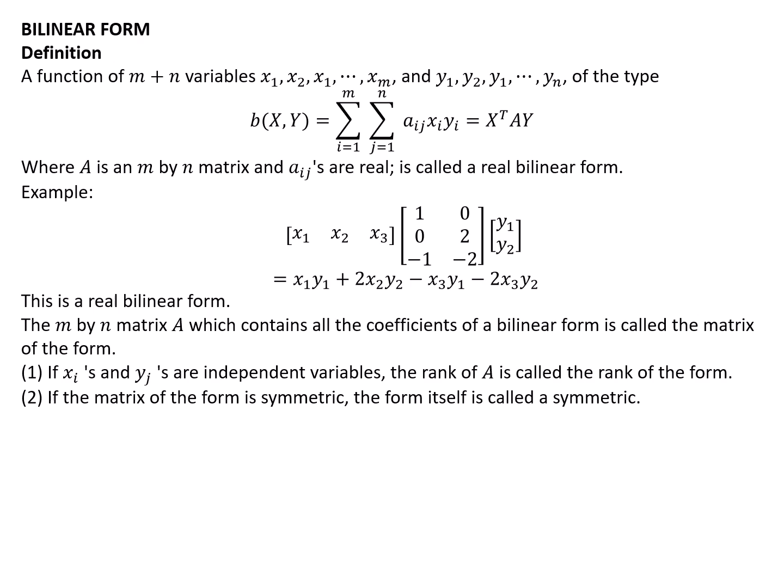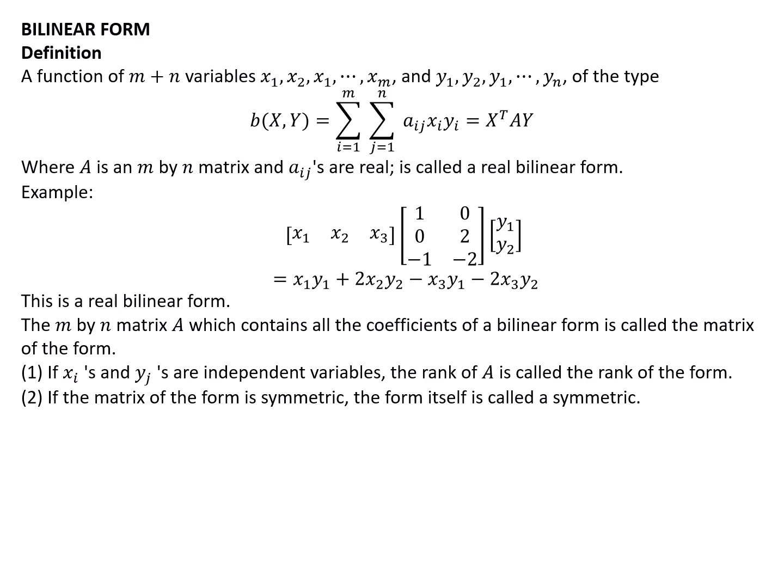So the transpose of x is the vector that we have here. Then your y is the column vector y1, y2. So when you do your matrix multiplication, you multiply the transpose of x with A. The product you get, you multiply by the column vector y, and you have the equation. This is a real bilinear form.